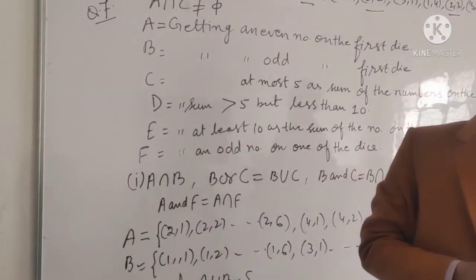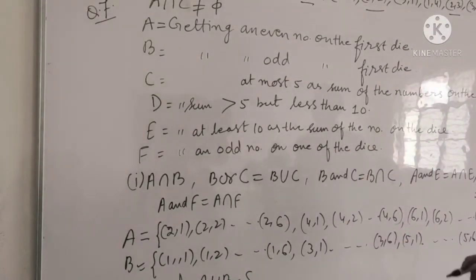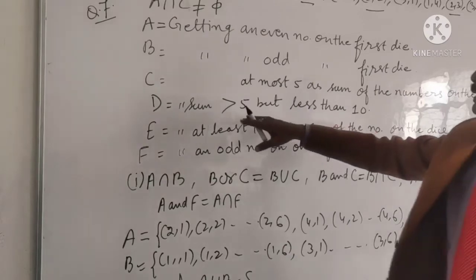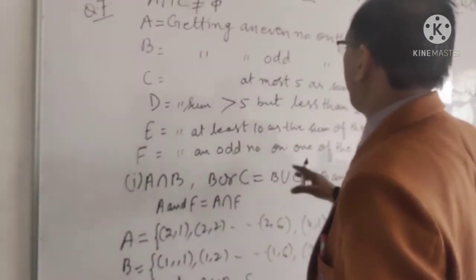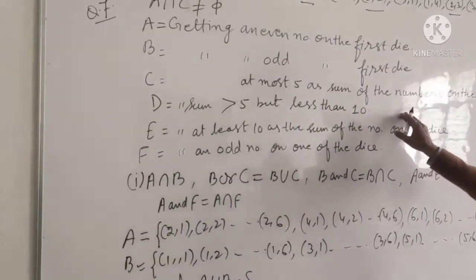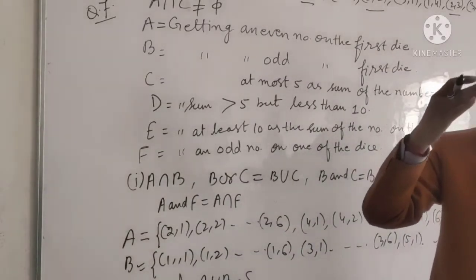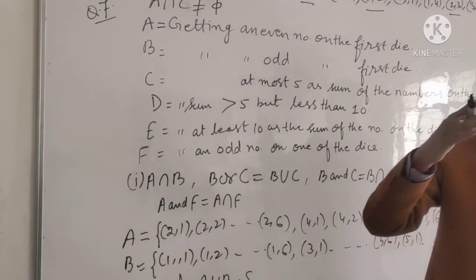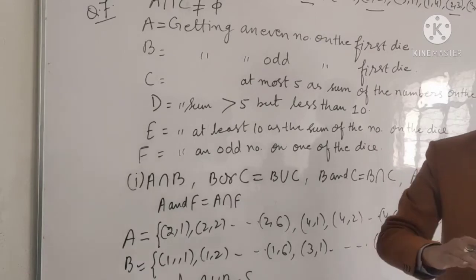Then C and D are mutually exclusive and exhaustive. So let us find D also. The sum is greater than 5 but less than 10. So it cannot be exhaustive because the maximum sum will be 12 when there is 6,6, and a sum of 11 also, 5,6 and 6,5.